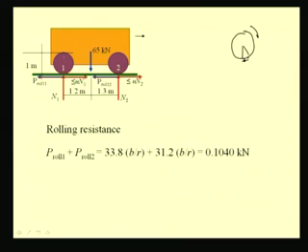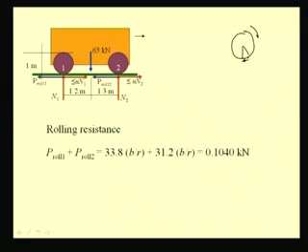So, for wheel 1 we have the weight that is being carried as 33.8, and for wheel 2 we have 31.2. So, we have the rolling resistance as 33.8 times B by R plus 31.2 times B by R.